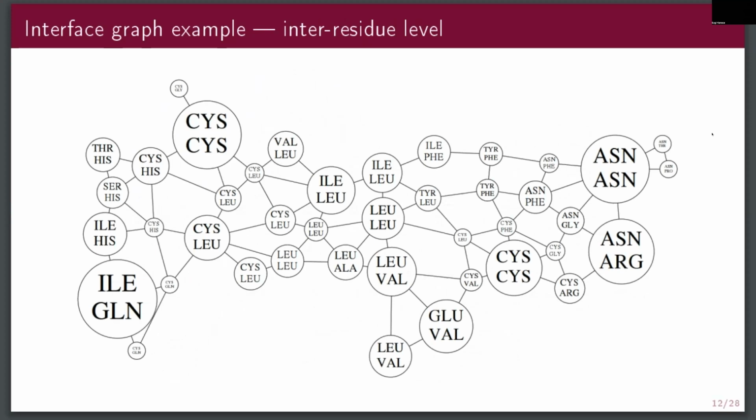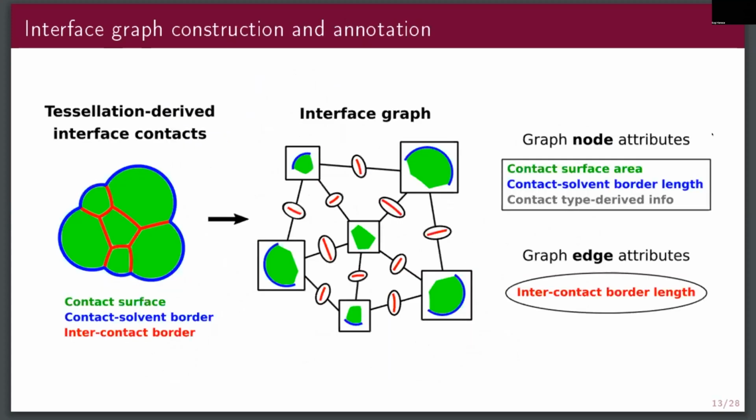So what do we write into the nodes and edges? Here is a simplified example, our interface representation. And the graph is like this. Nodes are contacts. Edges are borders between contacts, the red lines.